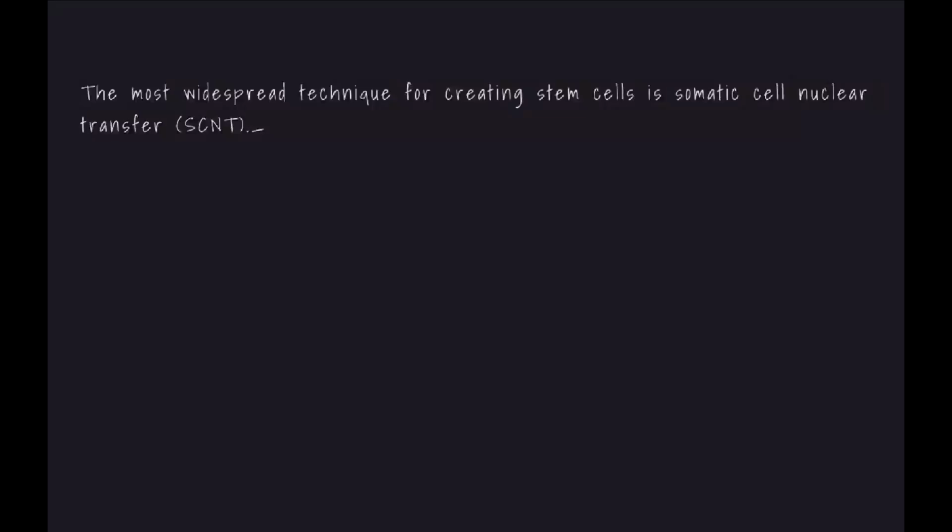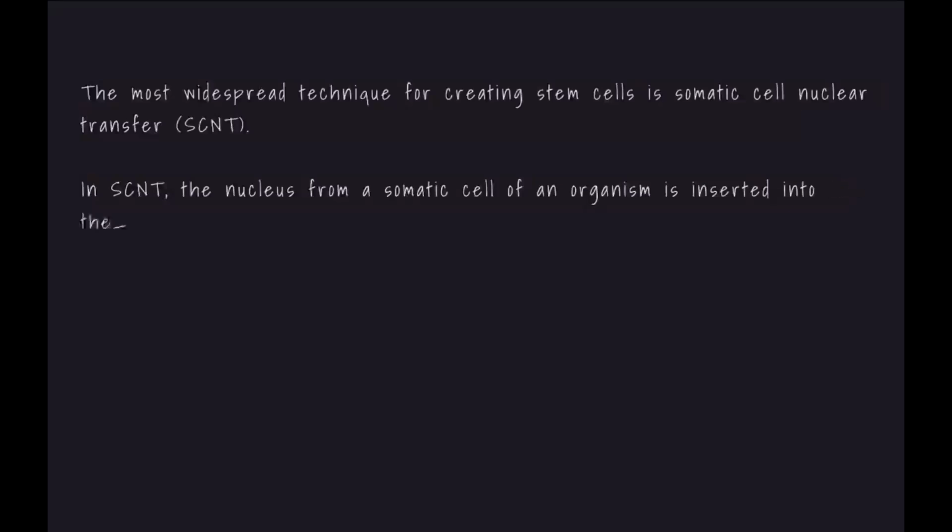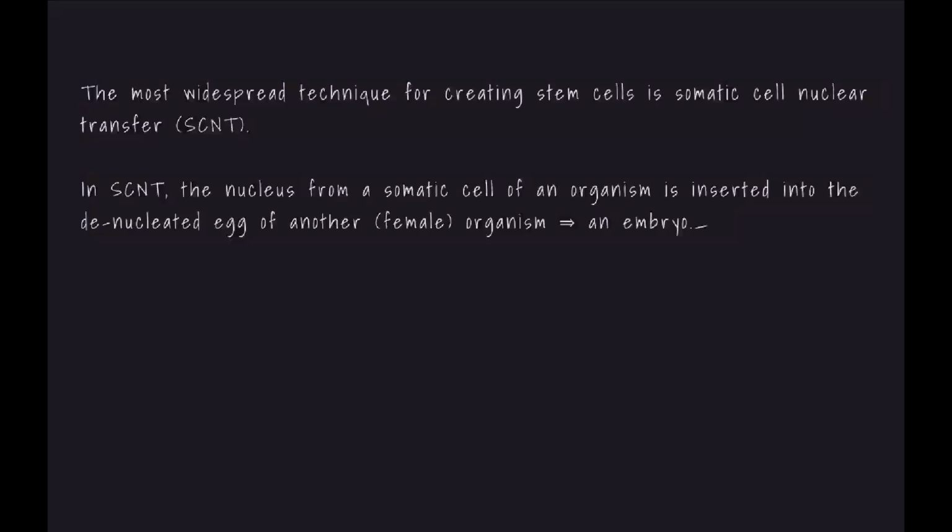What happens during somatic cell nuclear transfer? The nucleus from a somatic cell, that is an ordinary body cell of an organism, is inserted into the denucleated egg of another female member of the same species, or even that of another species, in which case the clone produces a chimera. Then this triggers the developing of the embryo.